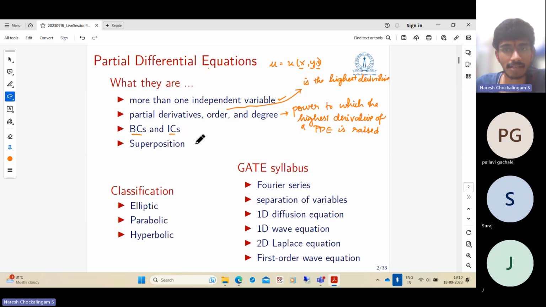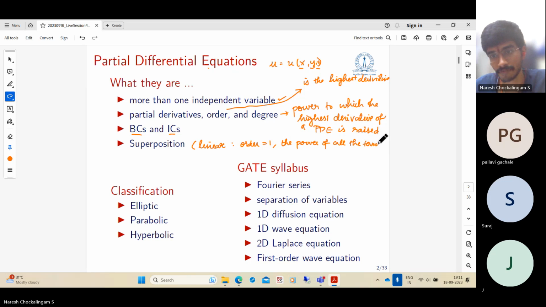And if the partial differential equation is linear, what is linear? Linear means order is equal to 1. Not only that, the power of all the terms involving the dependent variable and its derivatives is 1.